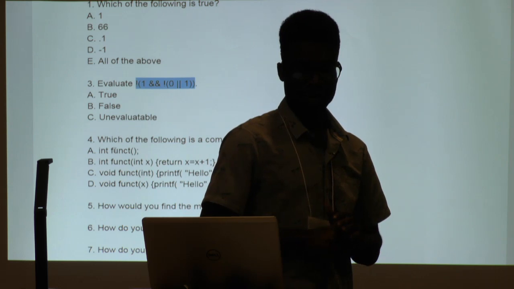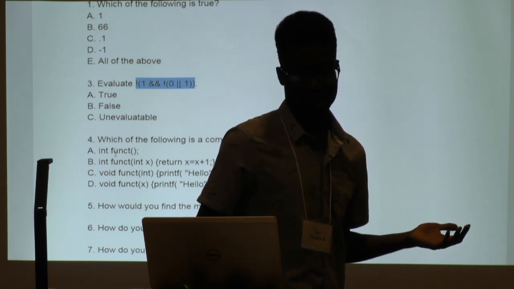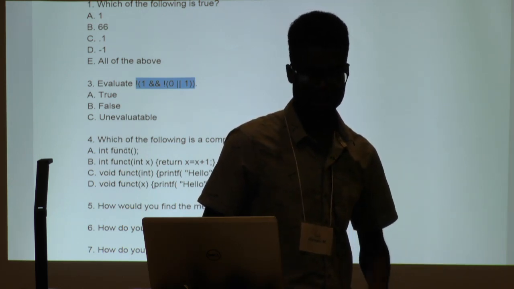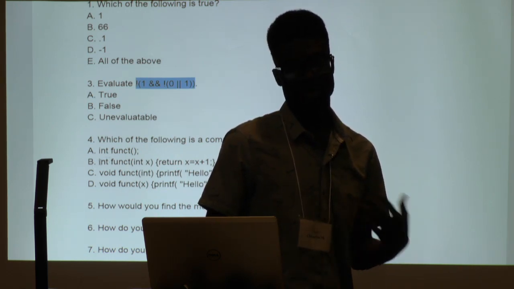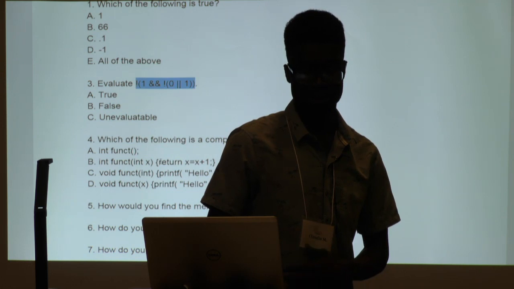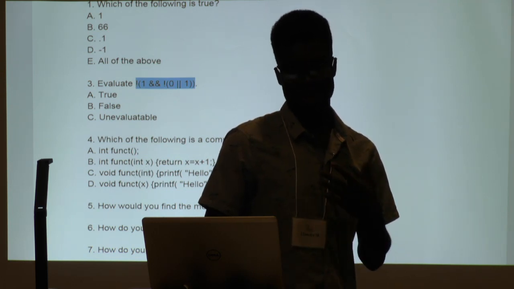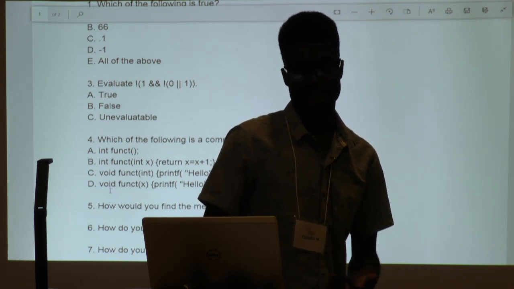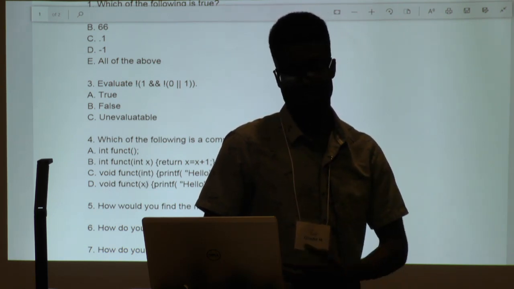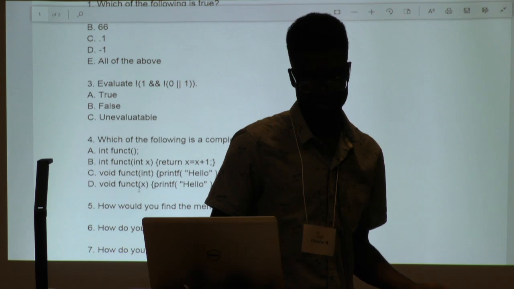B. A is not a complete function. It's merely a prototype. B is the most complete because it does follow that format that we're familiar with. C, because it doesn't define its integer, it's not complete. And D, because it doesn't give X a data type, it's also not complete.